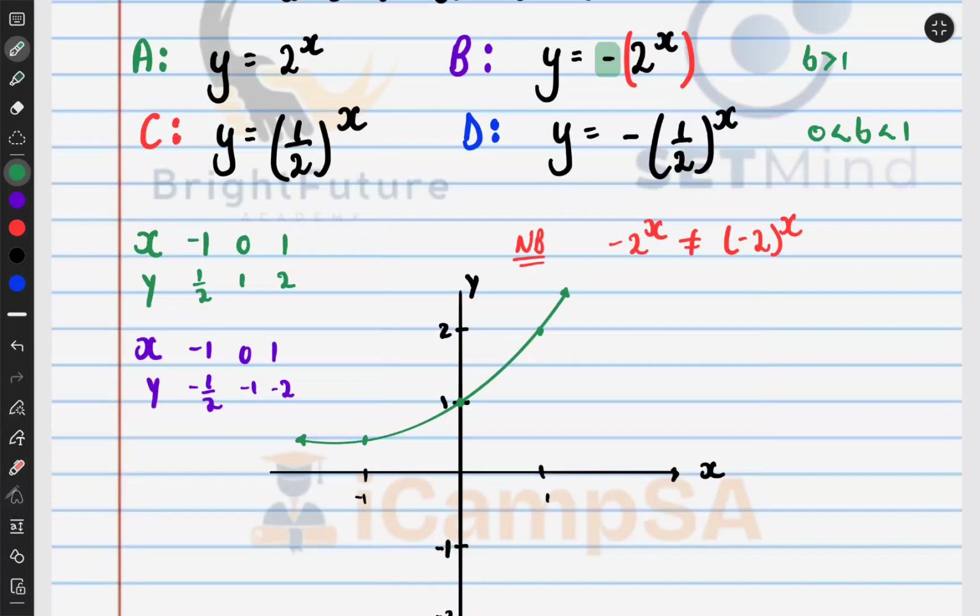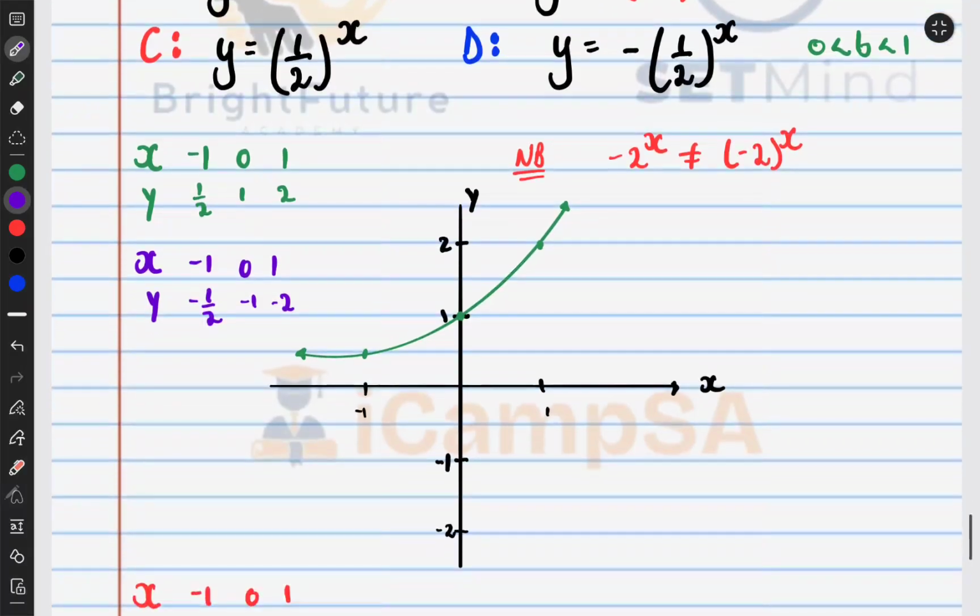And next we have b. B is just the same function as a, but now the negative sign has been introduced. So we're expecting the function of b to be a reflection of the function of a. Let's sketch this and see what happens. We have negative 1 and negative half there, 0 and negative 1 there, and 1 and negative 2 there.